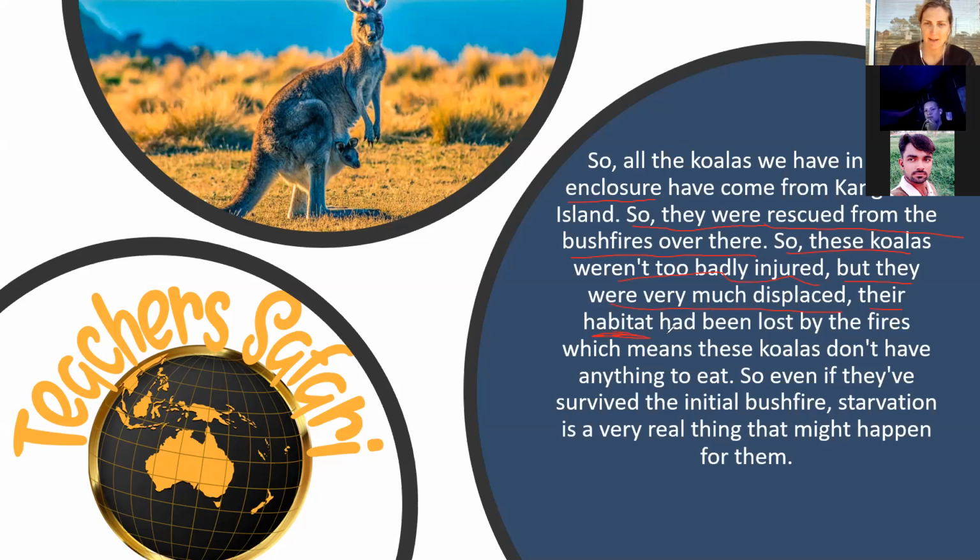So their habitat, this is that word we were learning, where they were living. Their habitat had been lost by the fires. So they lost their trees, they lost their field, they lost everything, which means these koalas don't have anything to eat because it's all burnt. So there's no leaves, there's nothing for them. So even if they've survived the initial bushfire, what does the word initial mean? Initial means start, beginning, starting. Perfect.